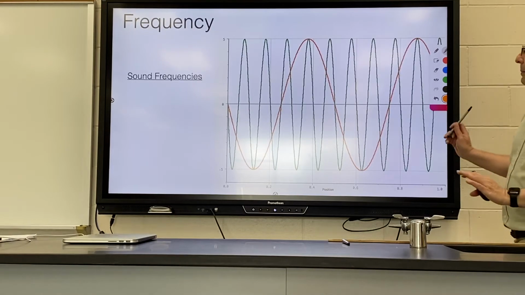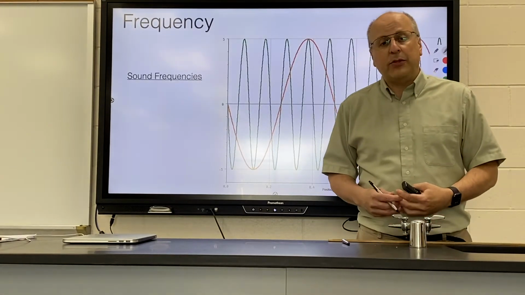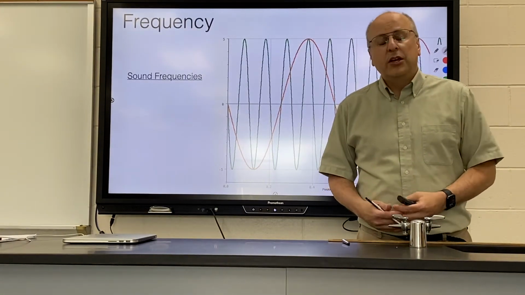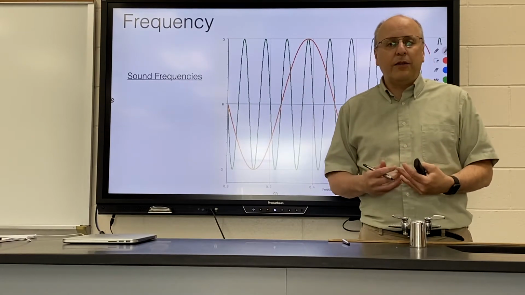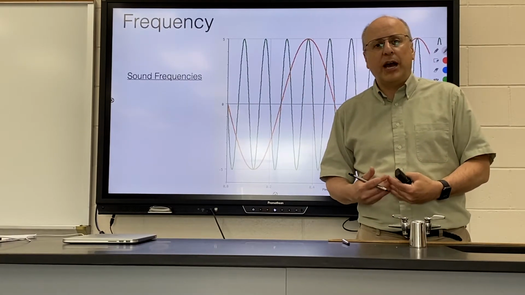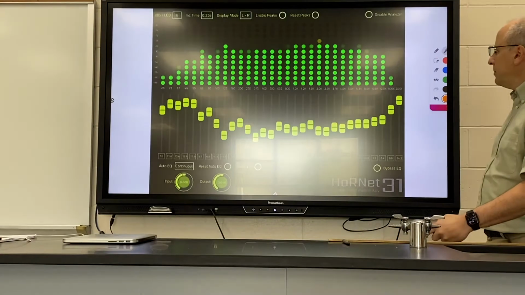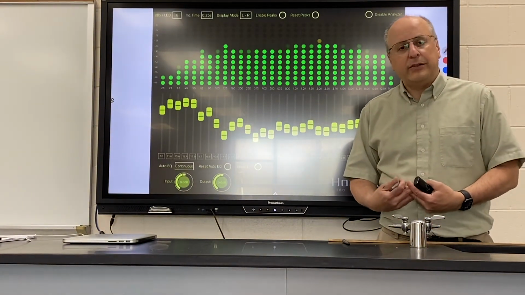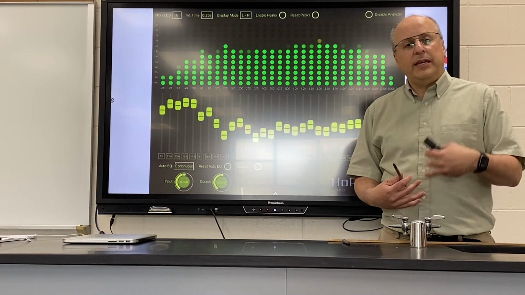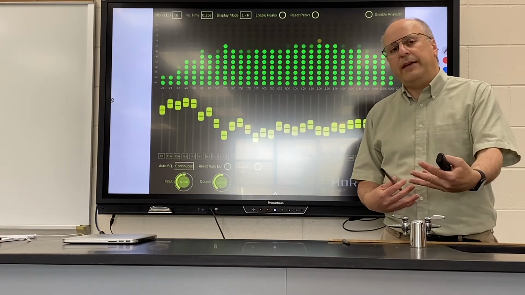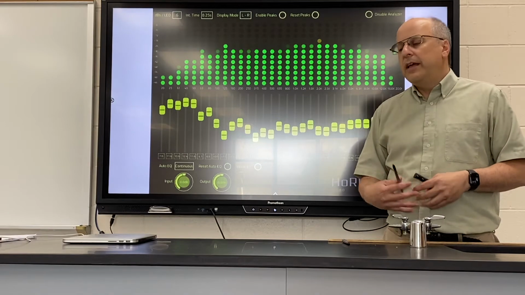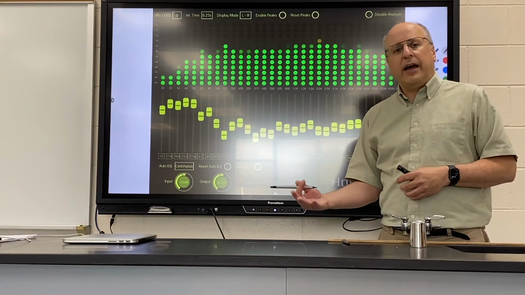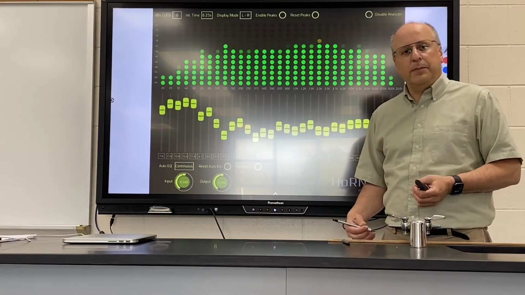So first of all, remember that the frequency of a sound wave tells you its pitch. So the green wave has a much higher frequency, so it would be a much higher pitch. Oftentimes you'll see the frequency of sound laid out in such a way that you can see how many high frequency waves the sound is composed of and how much low frequency sound the combined sound is composed of.